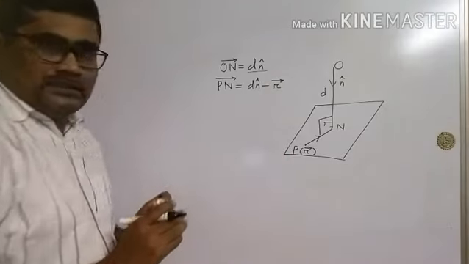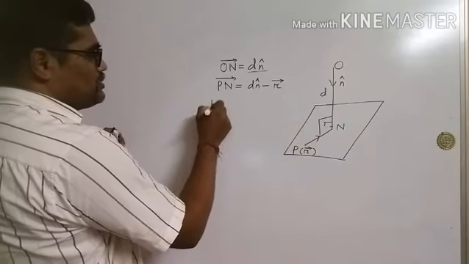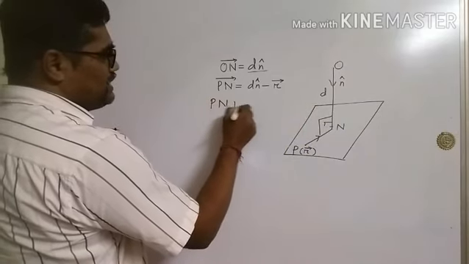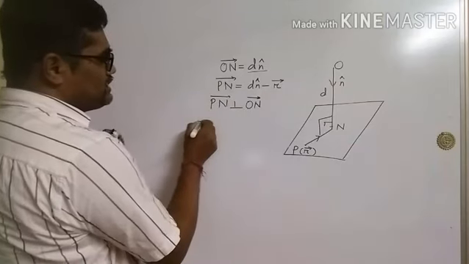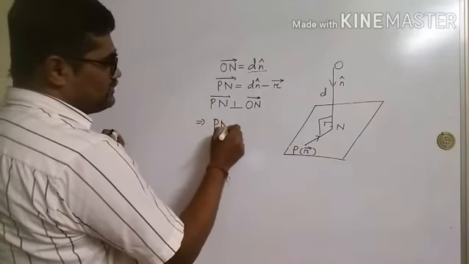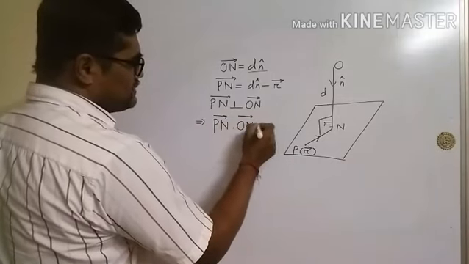Now, as I told you, these two lines are perpendicular. So what can you say? PN is perpendicular to ON. This implies the dot product of these two is going to be 0.